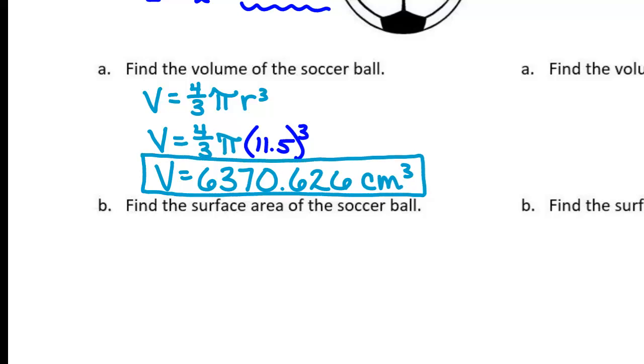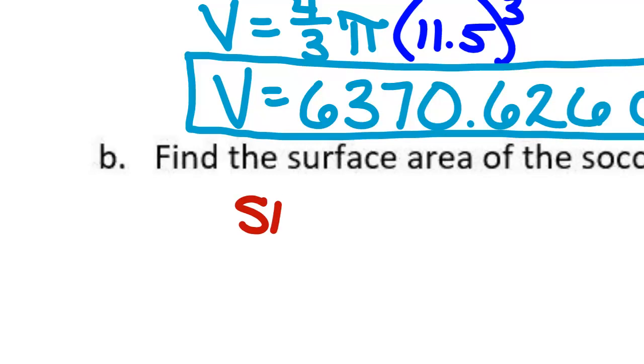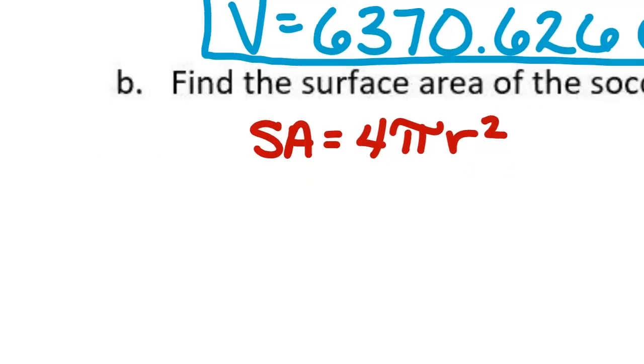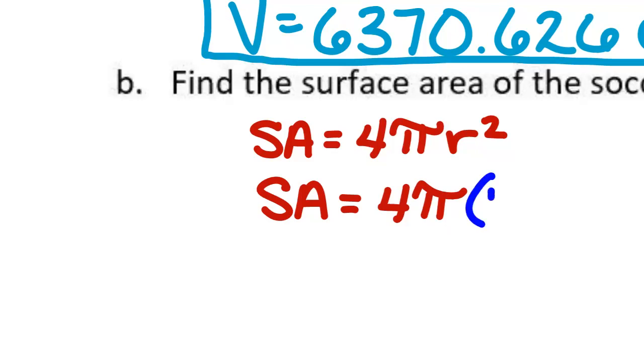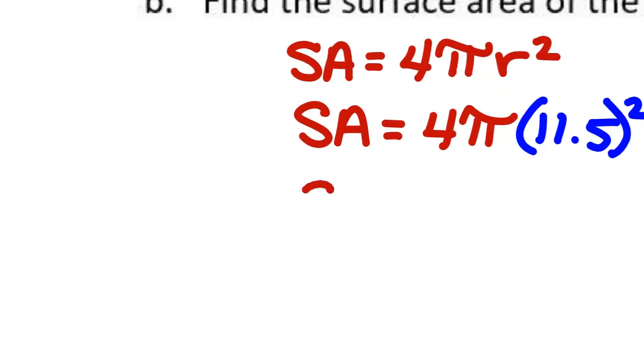All right, let's find the surface area. Surface area for a sphere is 4 pi r squared. So surface area for this sphere would be 4 pi times my radius of 11.5 squared. What is our surface area?